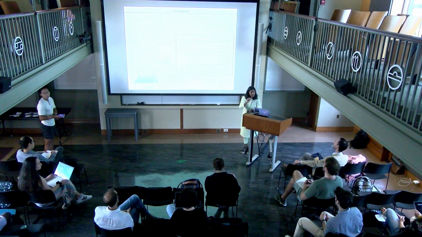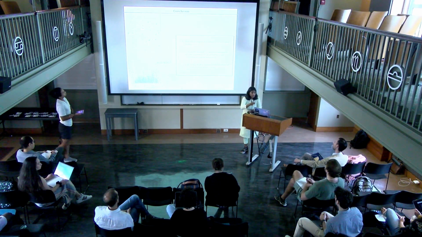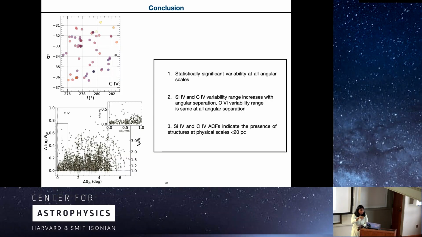Even though carbon-4 is coherent on 2-degree scales, there is still variability in that patch. It can be in the same structure: one part is a tiny bit denser than the other part. Because these are really small scales, yeah.